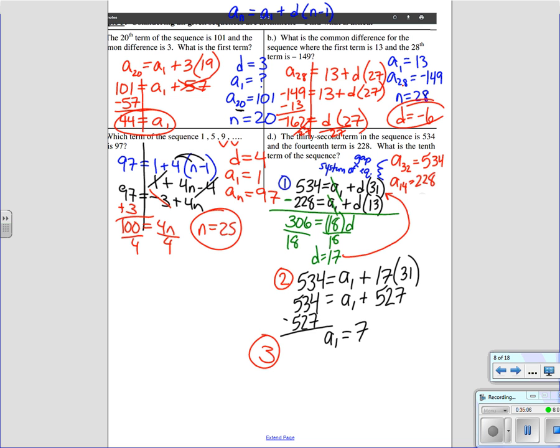Yes, what y'all are saying is correct. So I'm going to point people back up to this one. So A sub 10, we know what A1 is now. What is A1? 7 plus, I know what D is now. 17. And what is N for this one? 10 minus 1, which is 9.